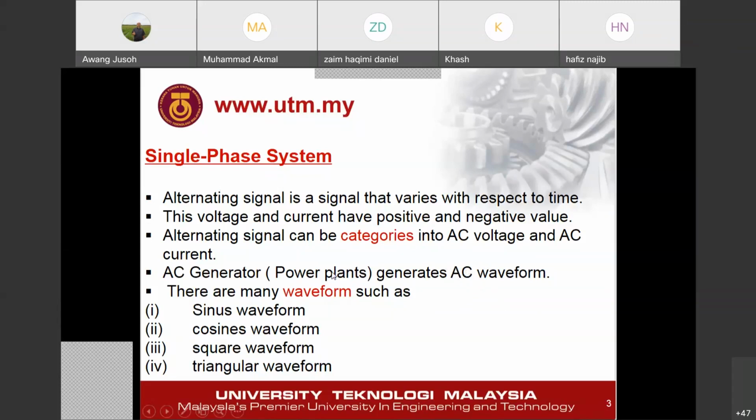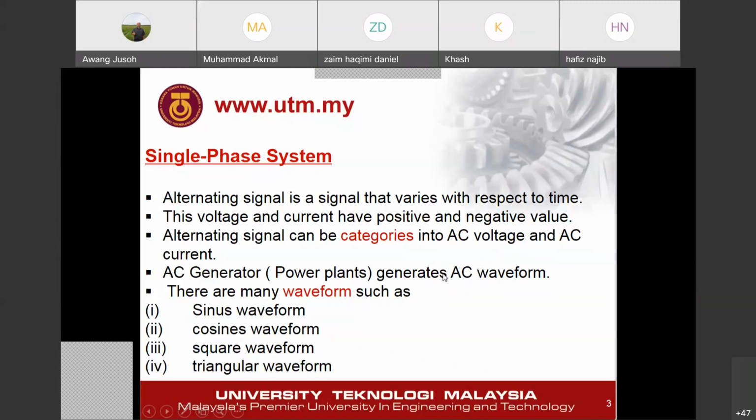We can also have AC supply from other methods. Besides TNB or other utilities, we can have AC supply from, for example, an inverter. If you have heard about an inverter, it is a circuit that converts DC to AC. For example, we have DC from solar PV, the solar modules.